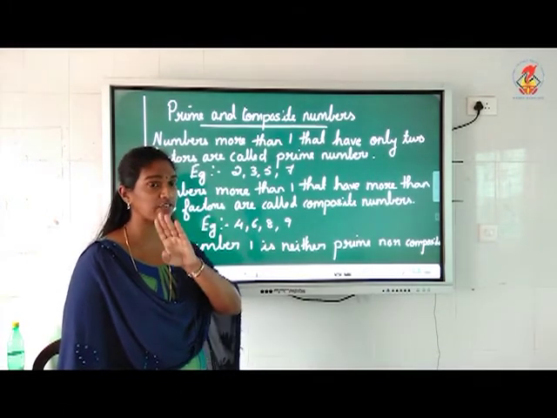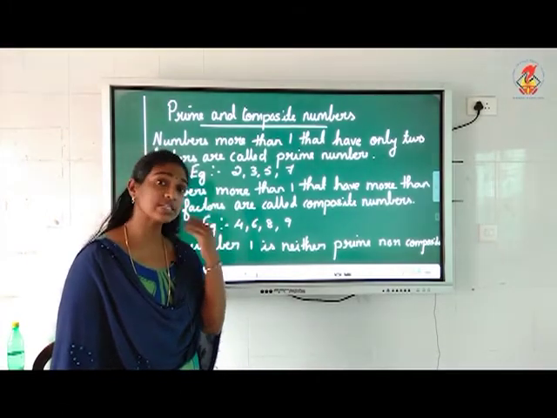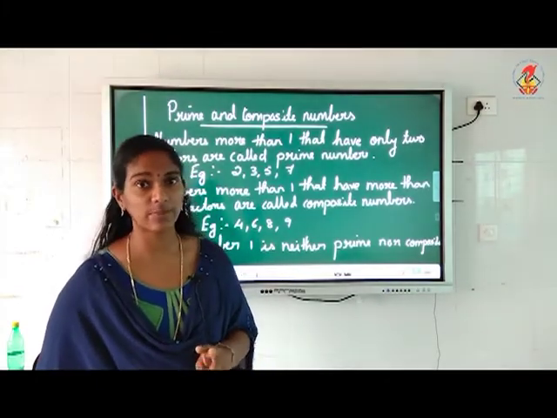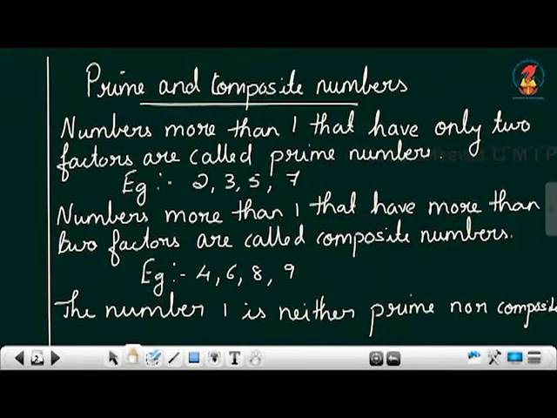Numbers more than 1. Here we are not going to consider 1. Numbers more than 1 which have only 2 factors are called prime numbers. Then numbers more than 1 which are having more than 2 factors. If you take the number, see here the number 4 is missing, right? What are the factors of 4? 1 into 4 is 4, 2 into 2 is also equal to 4.